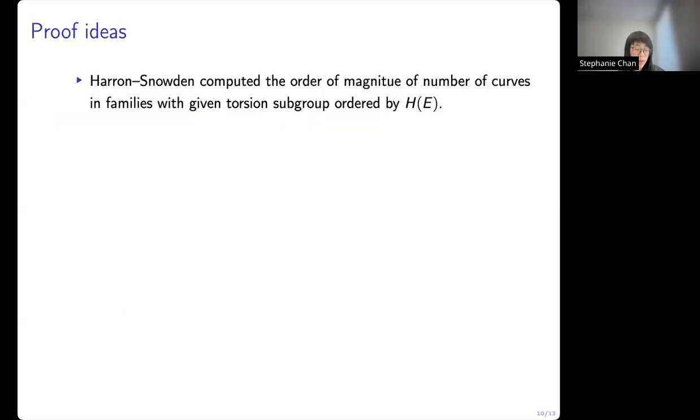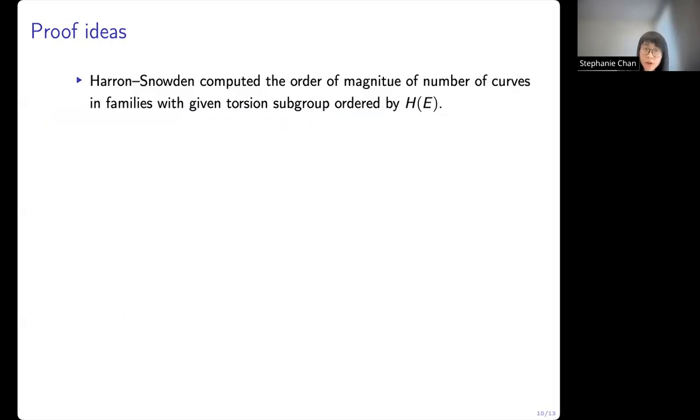One thing that is helpful is that there's a result by Harron and Snowden that computed the order of magnitude of the number of curves with prescribed torsion when ordered by the naive height.